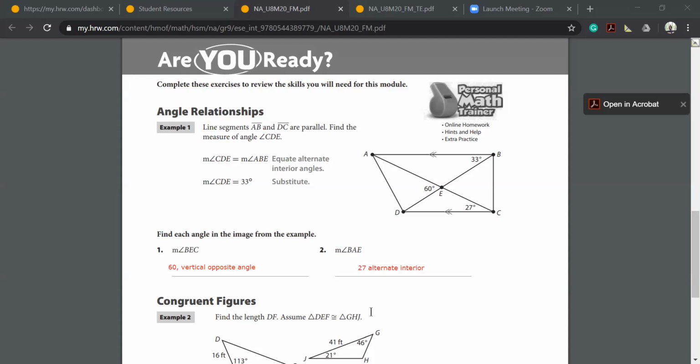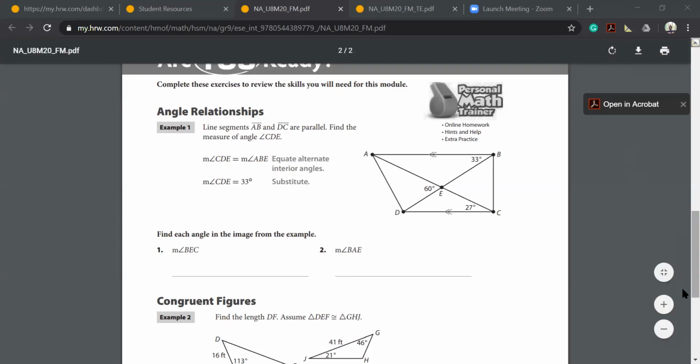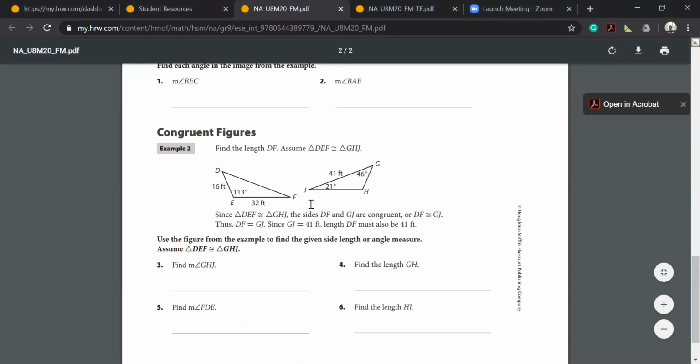Okay, going to question 2, example 2. We have two triangles and he is telling you to find the length of whatever. Assume that triangle DEF is congruent to triangle GHJ.